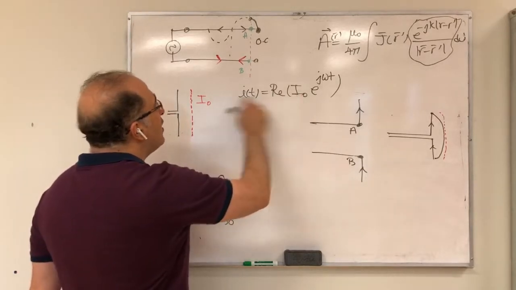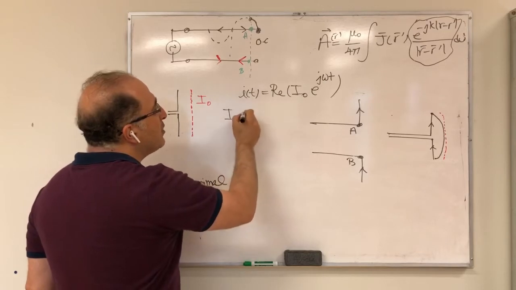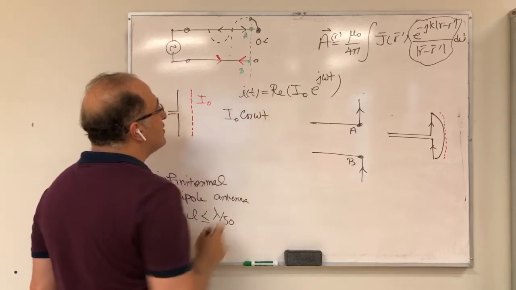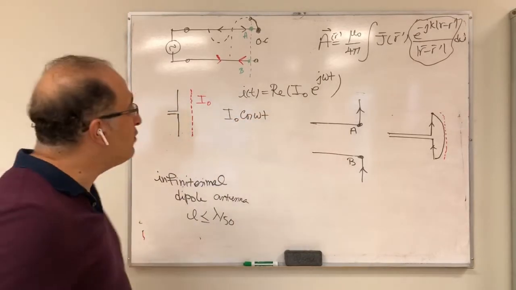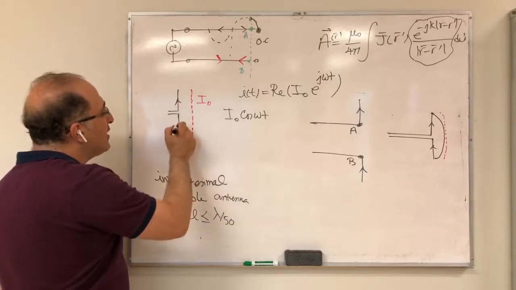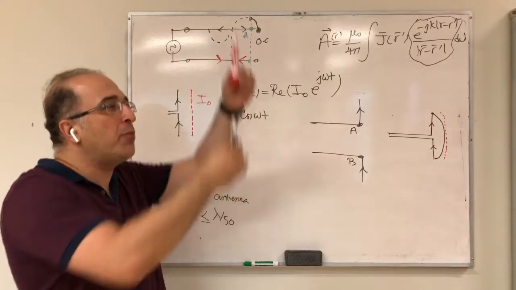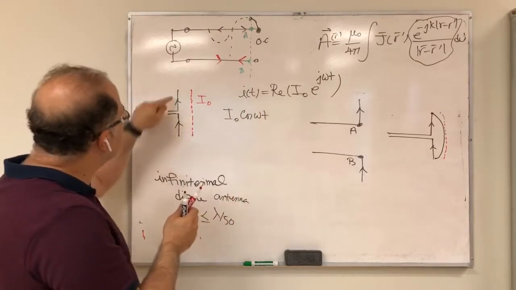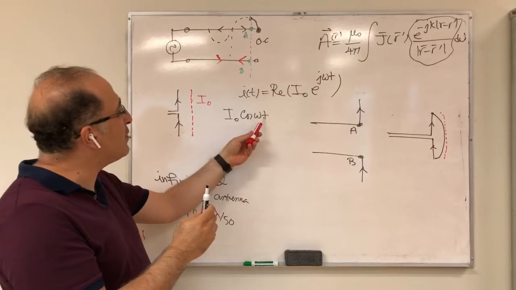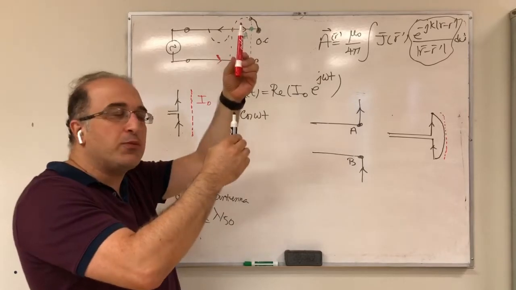And if I assume I naught is real, then I of t becomes I naught cos omega t. So when I say the current is I naught, and I show it with that, remember that doesn't mean that current is always flowing upward. That only means that if you look at it, for example, at time equal t, the current is flowing to the top together.